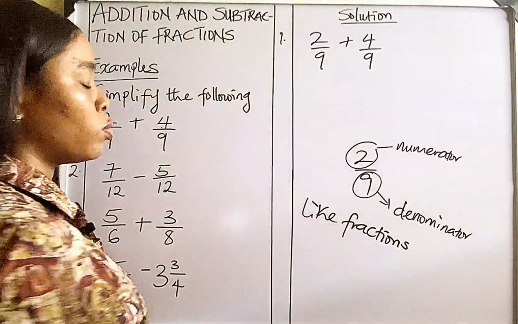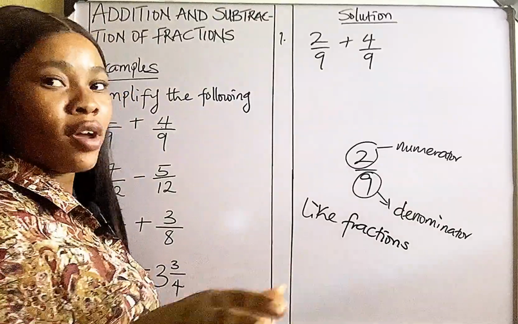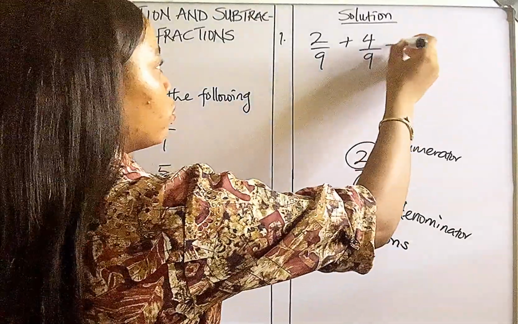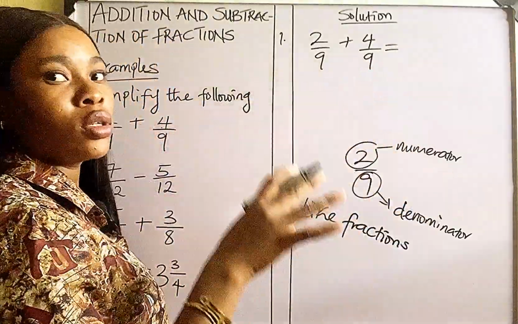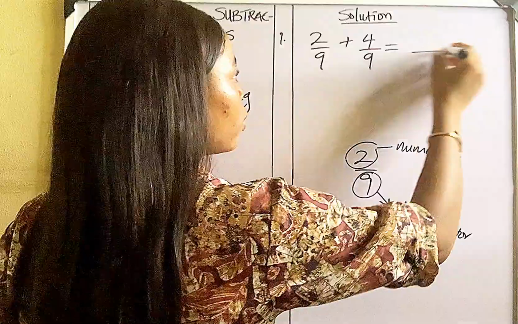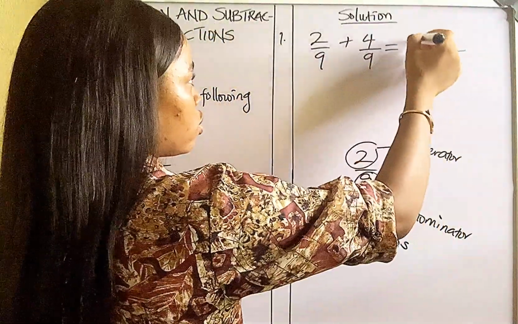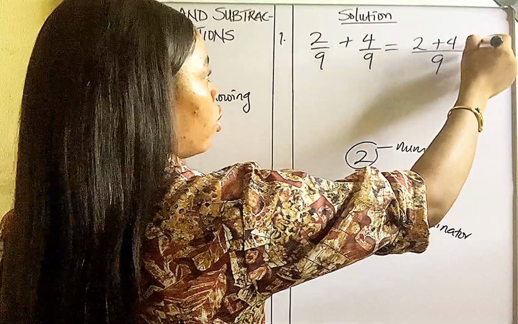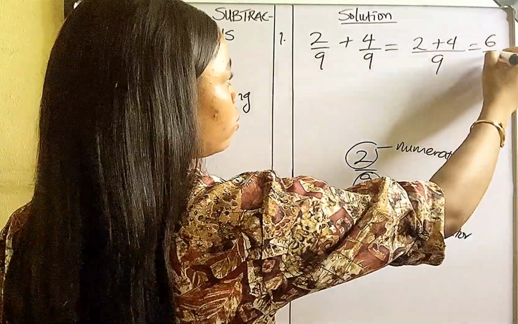They have the same denominator. So when you are adding or subtracting like fractions, it's very, very easy. What you just do, you pick one of the denominators, since they have a common denominator, and then we add the numerators together, which is 2 plus 4, that is 6 over 9.